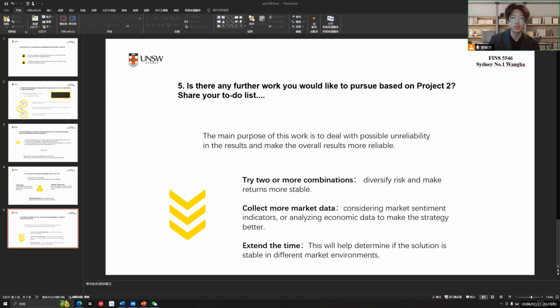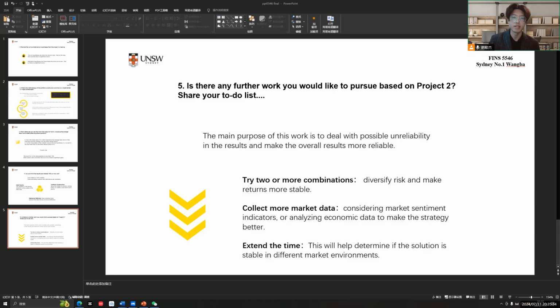The second is to try combinations. Combine the valid strategy with other types of strategy, such as trend following or mean reversion.